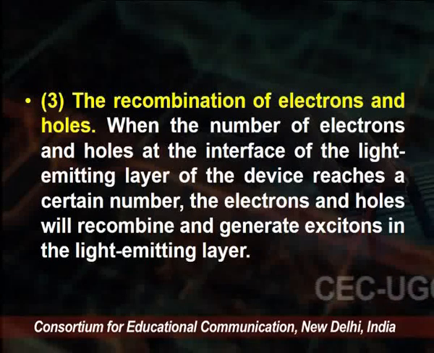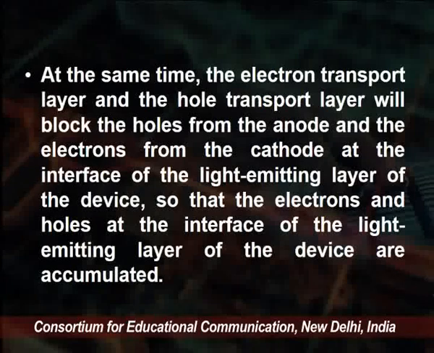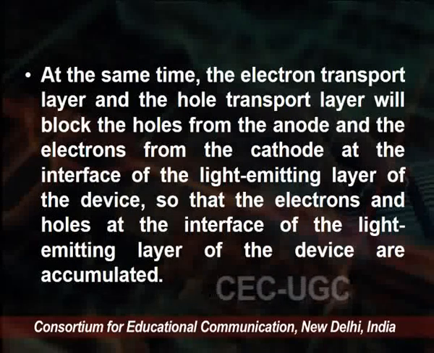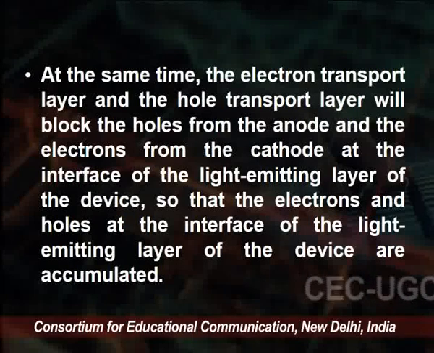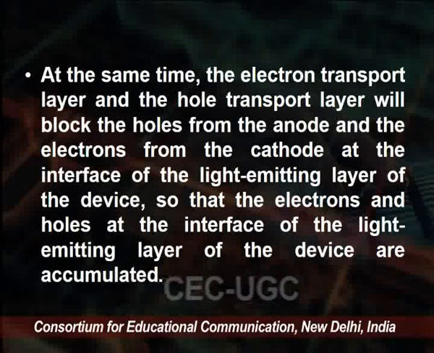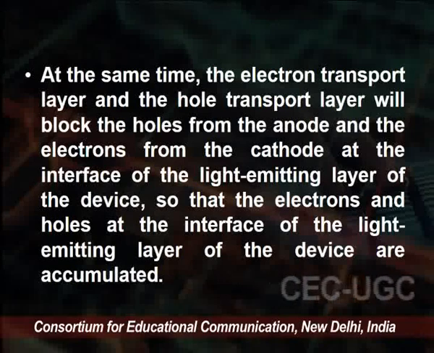At the same time, the electron transport layer and the hole transport layer will block the holes from the anode and electrons from the cathode at the interface of the light emitting layer of the device, so that the electrons and holes are accumulated, and recombination of the electrons and holes takes place.